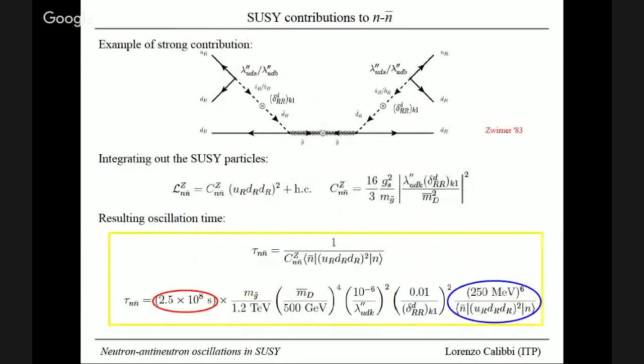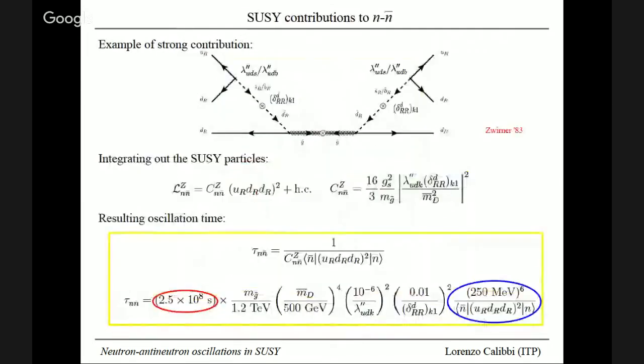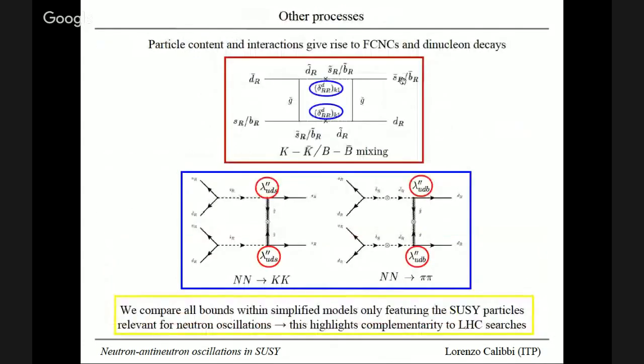As I was mentioning before, we have other constraints to take into account, which come precisely from the flavor violation and, again, the baryon number violation. So flavor changing neutral currents, so we can write diagrams like this, box diagrams that give rise to KK bar and BB bar mixing.